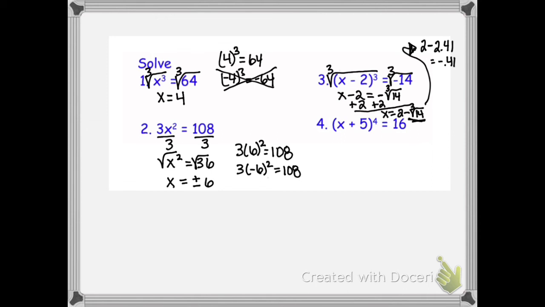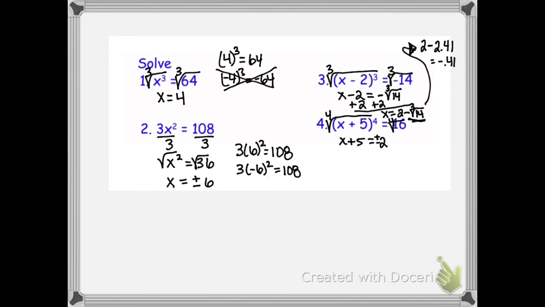Last one, we are looking to solve. Again, the 5 is inside the parentheses, so we can start by canceling a power of 4 with a 4th root. The 4th root of 16, we want a number that multiplies by itself 4 times to get 16, so that would be 2. Again, that 4 is even, so I'm going to put my plus minus in front.